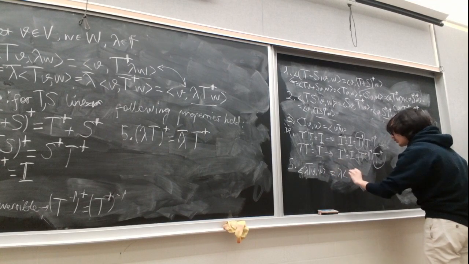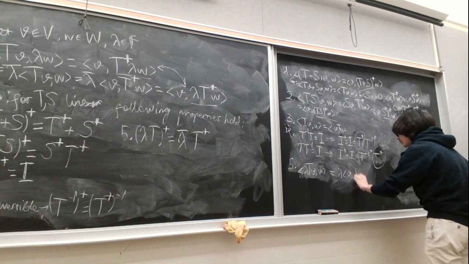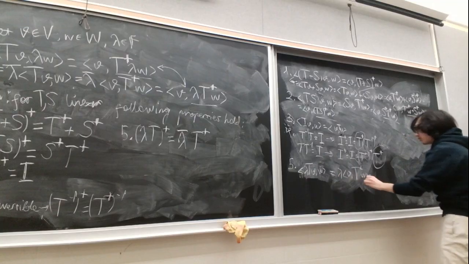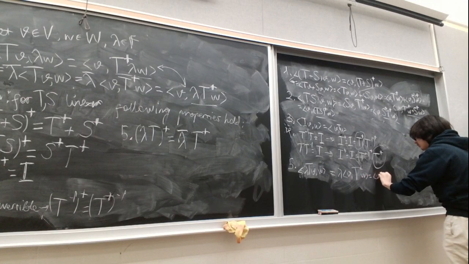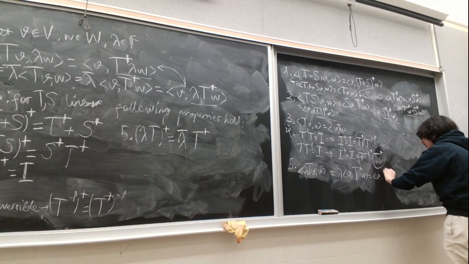We can also apply the adjoint to get this, and then we take it back, and we get the lambda.